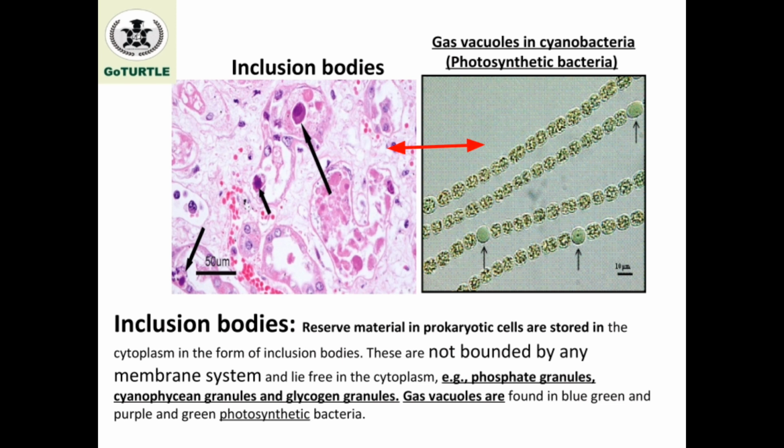So here we can understand that inclusion bodies are nothing but reserve material in prokaryotic cells which store some cytoplasmic granules. Now in the left image you can see there are some inclusion bodies which are purple in color, and in the right image you can see there are some inclusion bodies in green, which is the cyanobacteria.